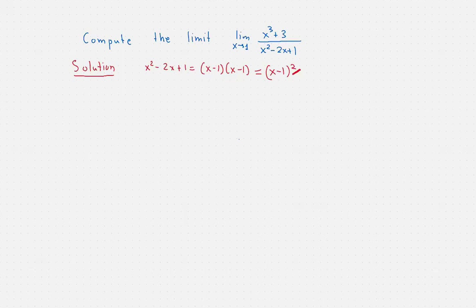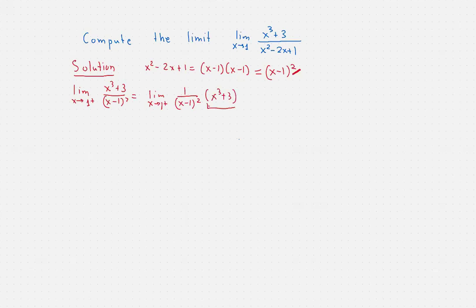So if we take the limit as x tends to 1 from the right of x cubed plus 3 over x squared, let me write it in its factorized form, x minus 1 squared, then we would think of it as the limit as x tends to 1 from the right of 1 over x minus 1 squared times x cubed plus 3. We have to factorize the whole thing because the whole thing is responsible for the 0 in the denominator. And then we would get that this tends to 4.